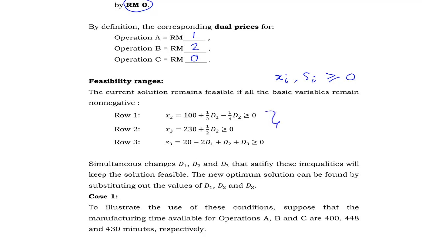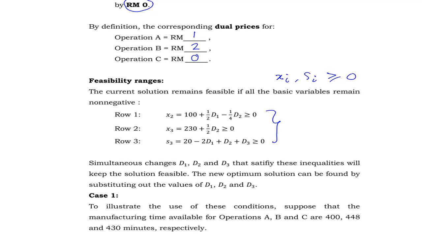So this is the feasibility condition. Okay. So simultaneous changes D1, D2, and D3 that satisfy these inequalities will keep the solution feasible. The new optimum solution can be found by substituting the values of D1, D2, and D3.